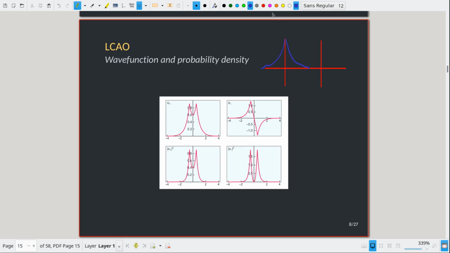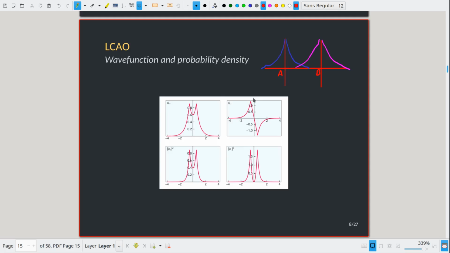Now for the second atomic orbital, we will have a situation like so, which is basically the same, but for the other atomic orbital B. Okay, so this is A, and this is B. Now you can see we've got these two wave functions describing the radial distribution around those two nuclei A and B.